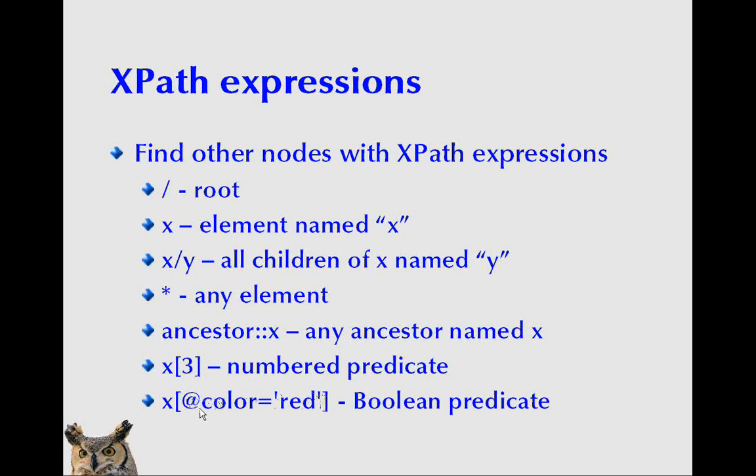So in this expression, we can say, show me all X elements where the color attribute has the value red. So you can see XPath is a very useful, expressive way of describing what might be in an XML document, or finding your way around an XML document.